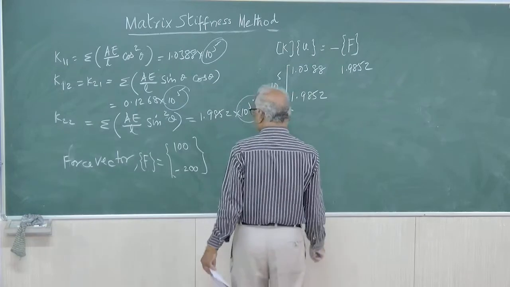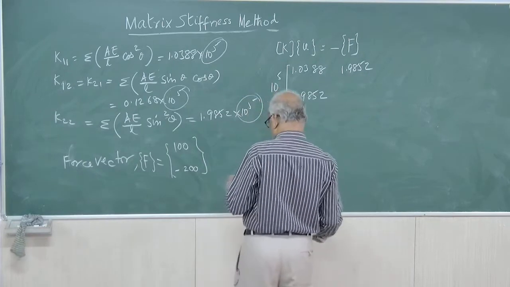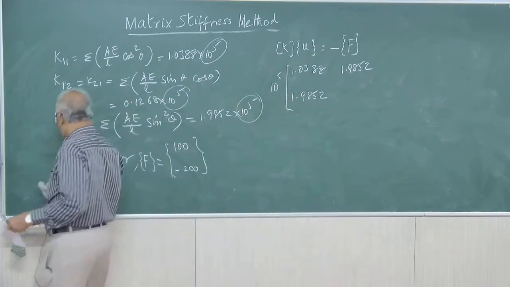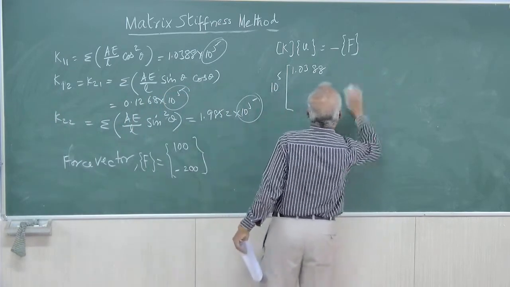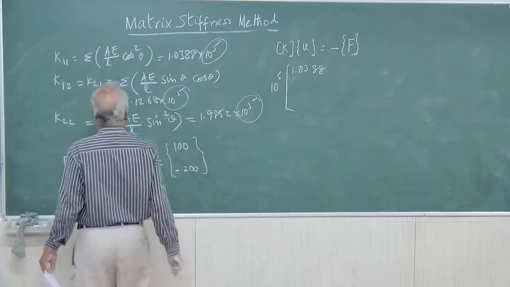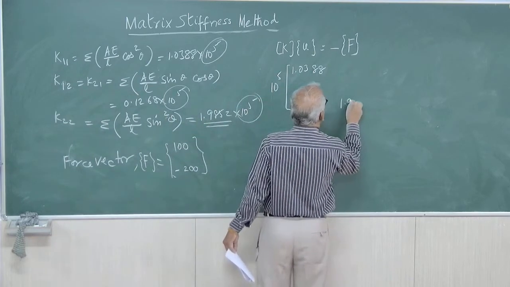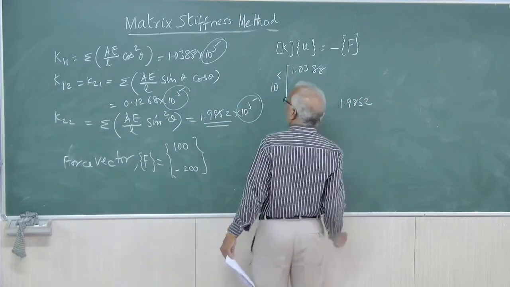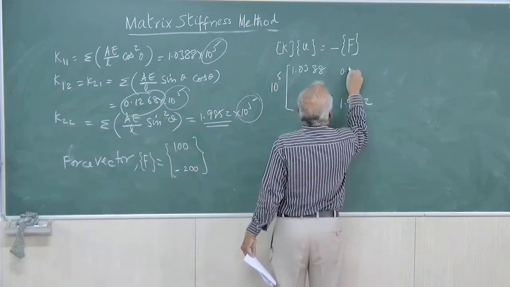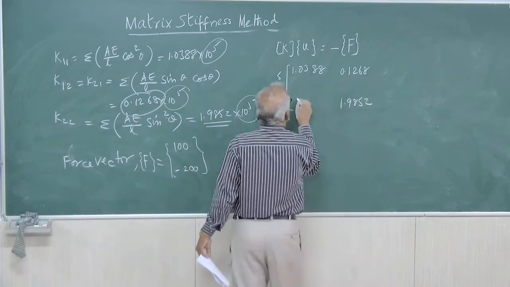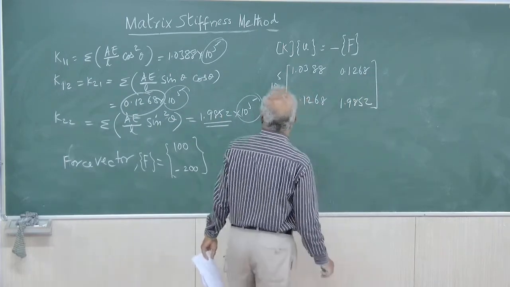The matrix is a symmetric matrix, and K22 equal to, I think we are wrong, K22, this value, K22 is 0.1268 into 10 power 5. So this is the stiffness matrix, right?